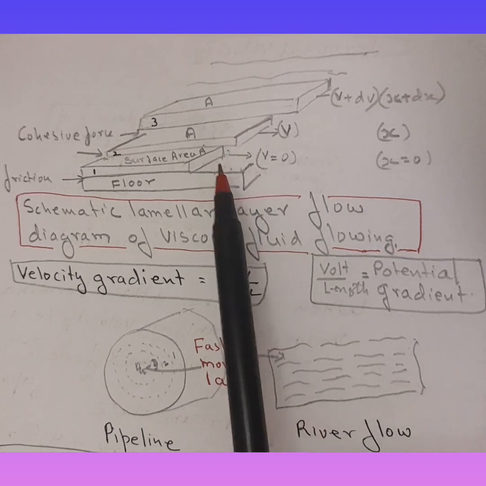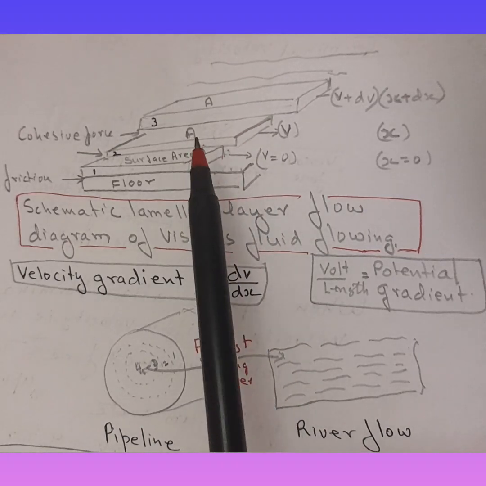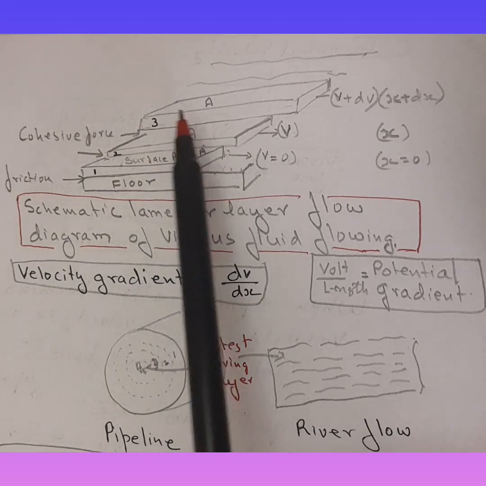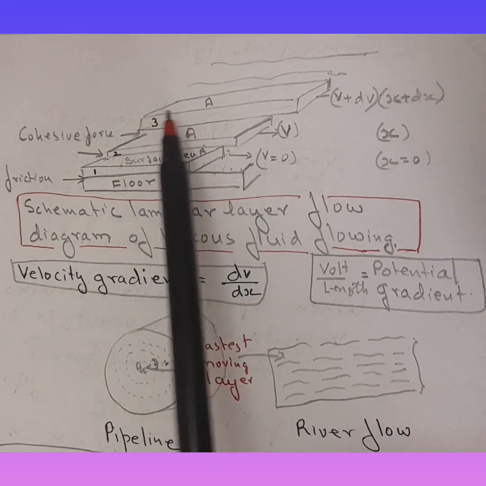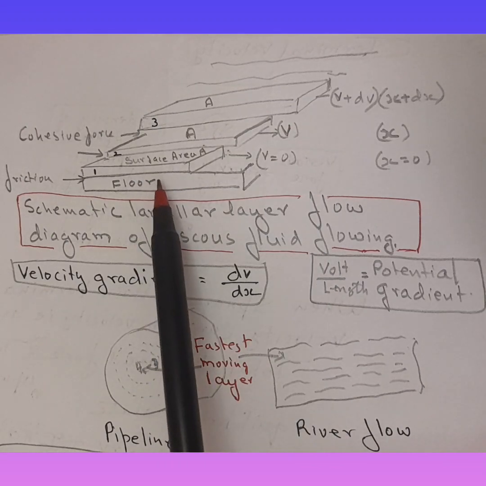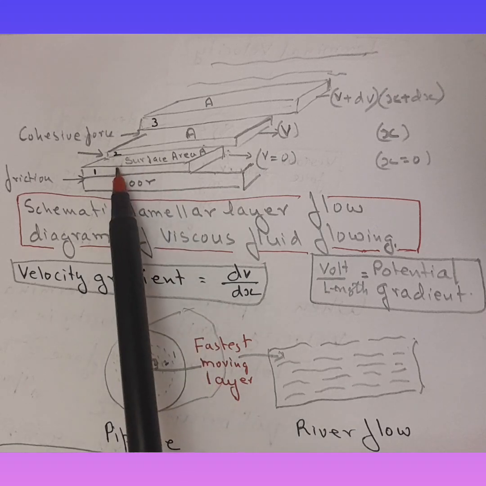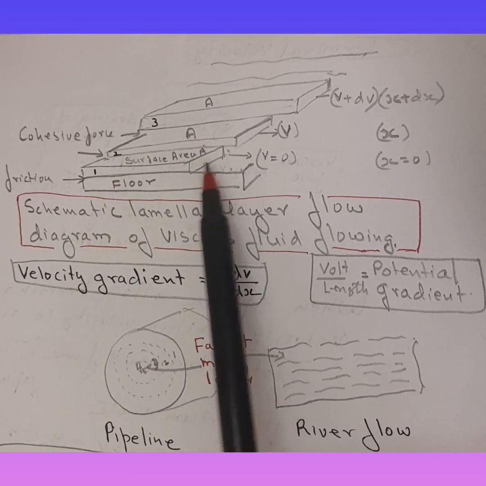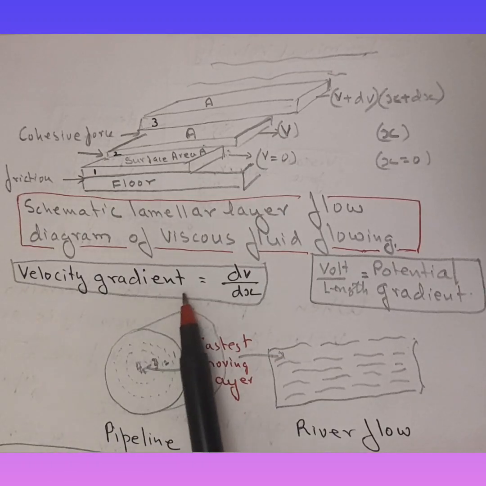Now all this I explained first of all to talk about viscosity, how interlaminar cohesive force restricts the flow. I also explained that the lowermost layer doesn't move or hardly moves owing to adhesive force and frictional force. Alright, now all this I also explained in order to make you understand velocity gradient.